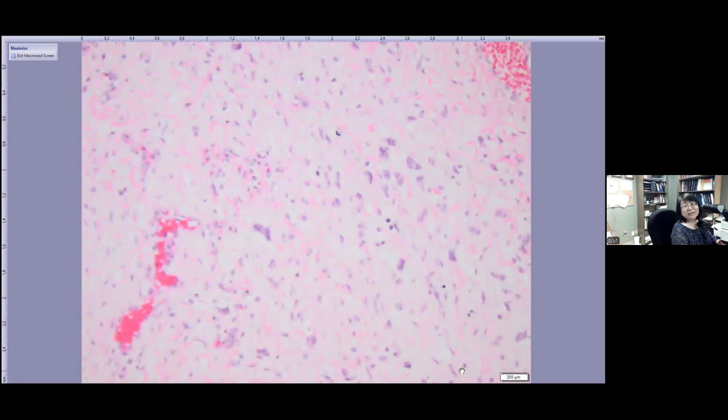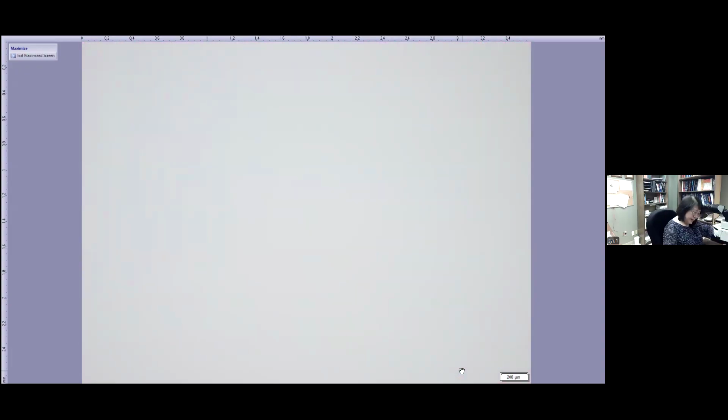Those giant cells, so remember the giant cell. The giant cell comes with your diagnosis. This one, another one, 2G. So that's the more solid area. And there is an area with a kind of cystic change. I'll show you in this slide.